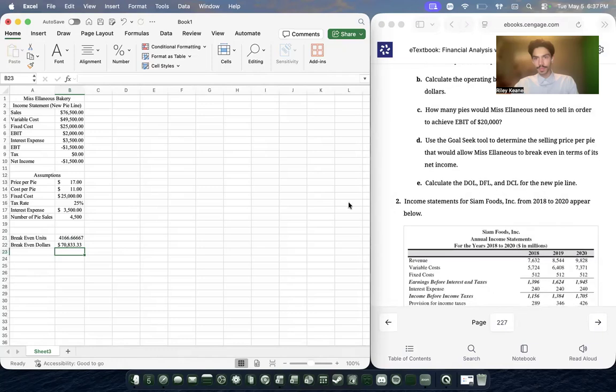operationally. So next, how many pies would Miss Elenas need to sell in order to achieve an EBIT of $20,000? So do that. Determine the number of pies we would need to sell. I'm going to take this fixed cost plus 20,000.